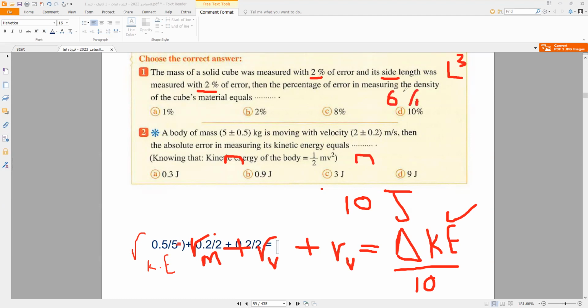This is the value for volume, plus 2% equals 8% relative error. Why the relative error? We must add the relative error of each quantity inside the law. Okay? Thank you.